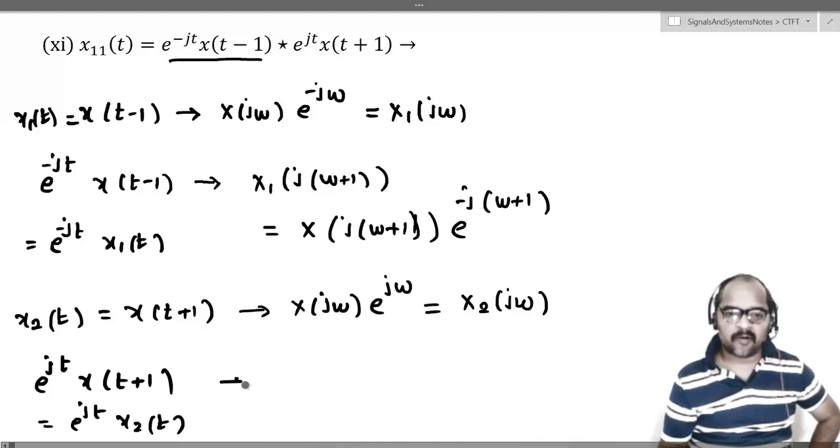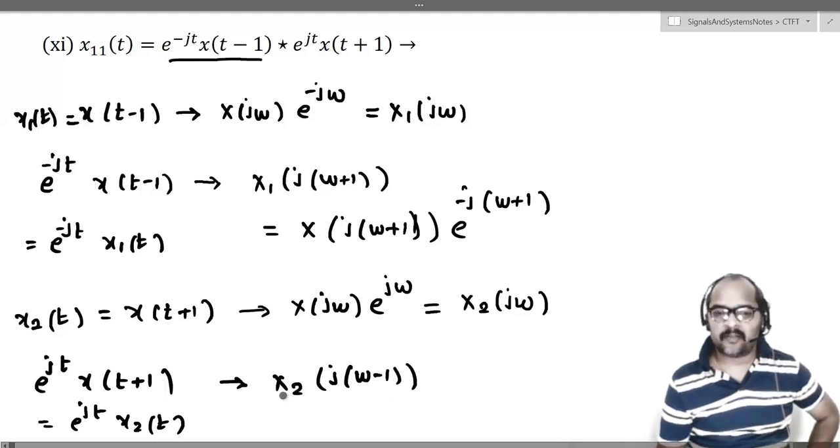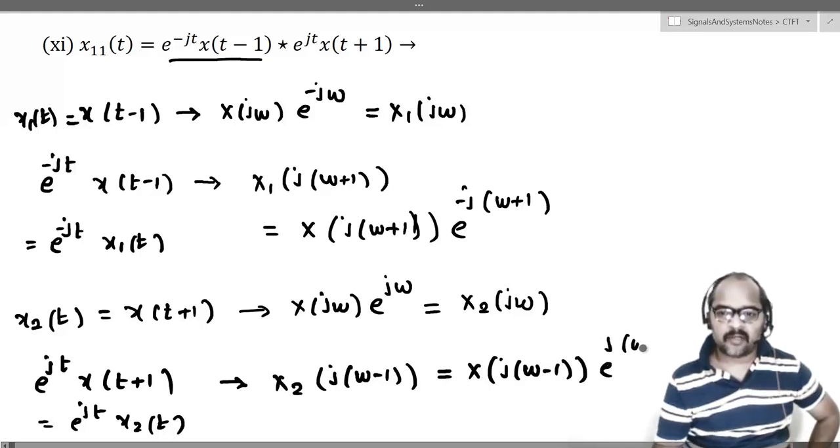So this will have what as Fourier transform? Again by shifting in frequency domain, you will get x2 of j omega minus 1. But x2 of j omega is this, so we have to substitute omega with omega minus 1. You will get x of j omega minus 1 e power j omega minus 1.